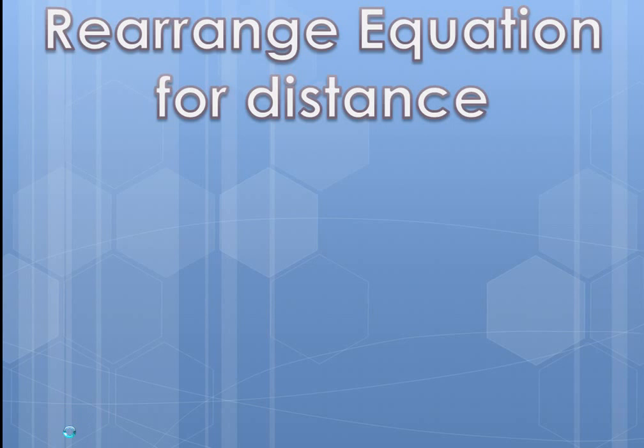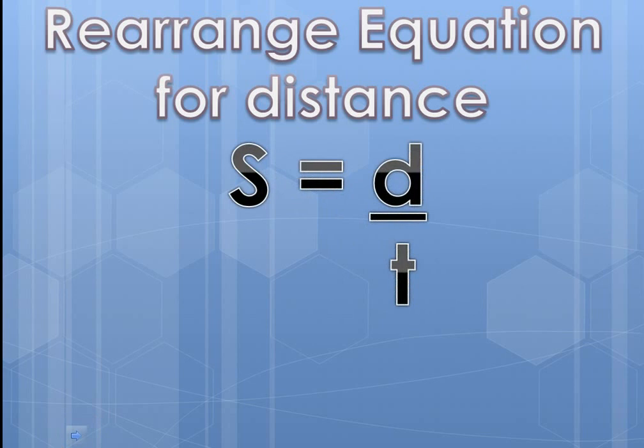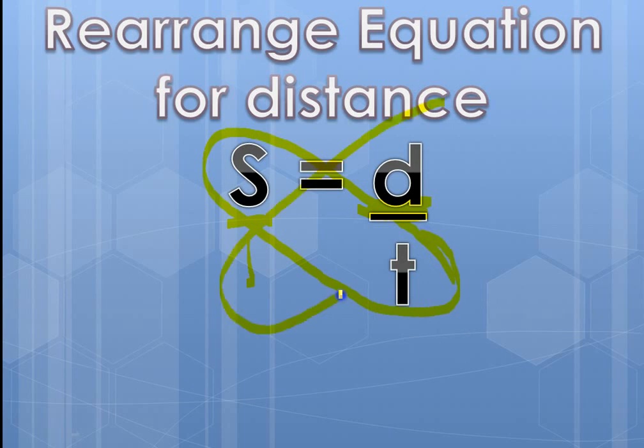You're going to need to be able to rearrange your equation, okay? So you're going to be given speed equals distance over time, and you need to be able to solve for distance. So how do you go about doing that? Well, one way you can do that, if you struggle with equations, is you can put speed over 1 and then cross multiply. Do you remember how to cross multiply? So you multiply these two together and multiply these two together and set them equal.